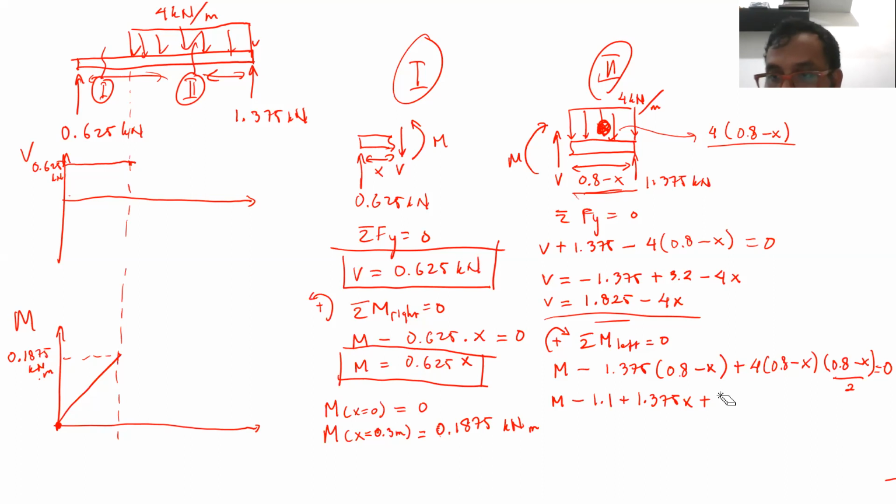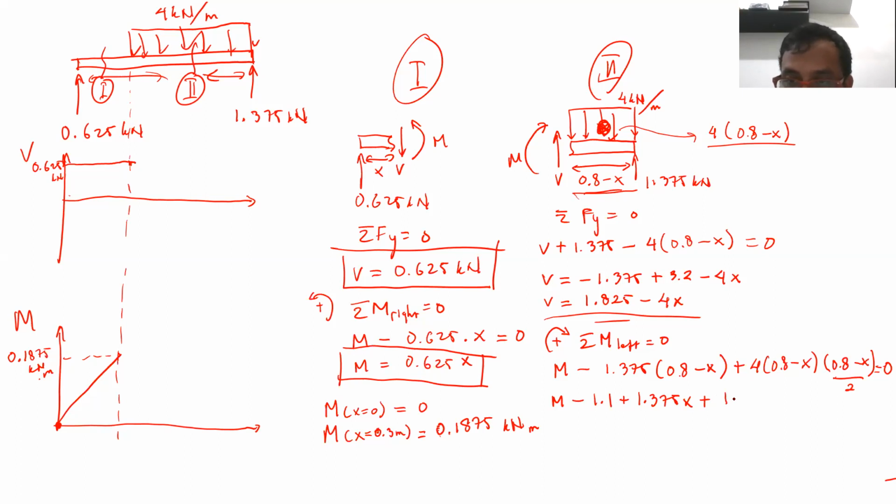Oh sorry, I made a mistake here. So what I will get there will be 3.2 multiplied by 0.8 divided by 2.